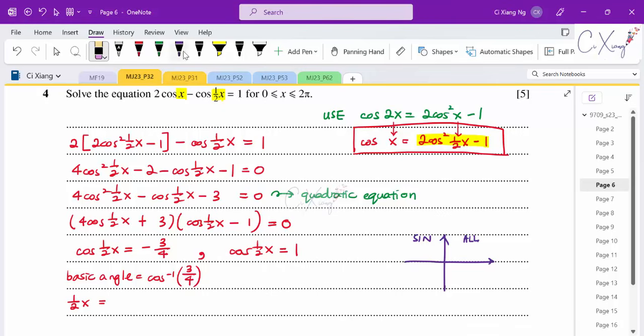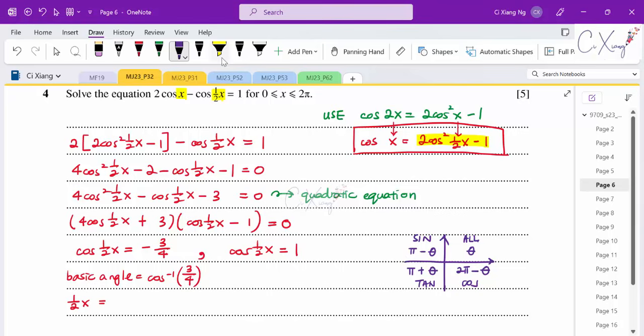For the first quadrant, to get the answer, it is the basic angle. Then second quadrant will be pi minus theta, where theta is the basic angle. Then the third quadrant is pi plus theta. Then the fourth quadrant is 2 pi minus theta. So when you want to go through the quadrants, first of all, you must find out the basic angle, where the basic angle is the theta.